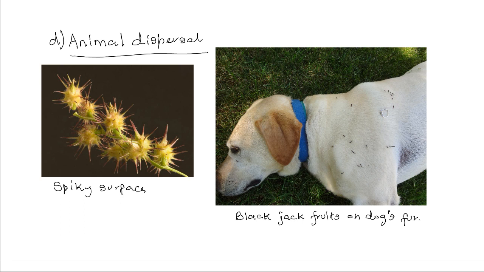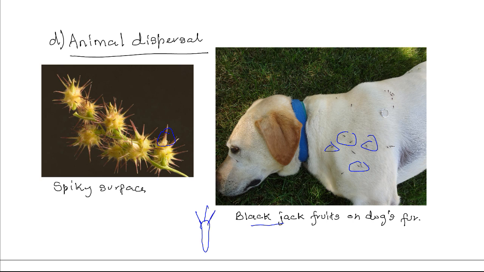So there's this spiky surface that sticks to the fur or claws of animals that pass by, and as animals move from place to place, they carry them along. Like on this dog, which has numerous blackjack fruits attached to it, because the structure of the blackjack fruit, it is a cypsela type of fruit, such that it has hooks.